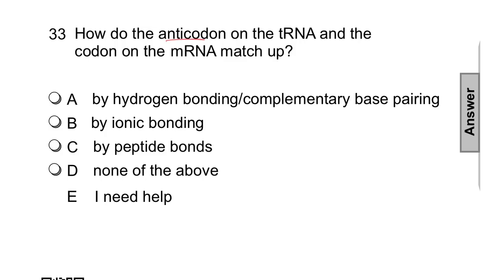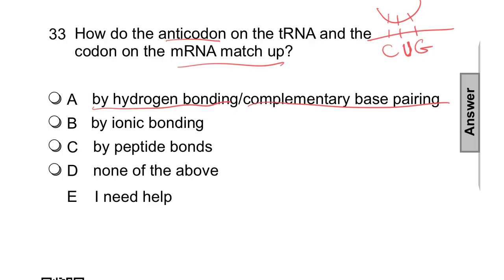Okay, how do the anticodon on the tRNA and the codon on the mRNA match up? Well, the hydrogen bonding is complementary base pairing. So if this was C, we don't have any U's, we don't have any T's, so I can't use T's. CUG.